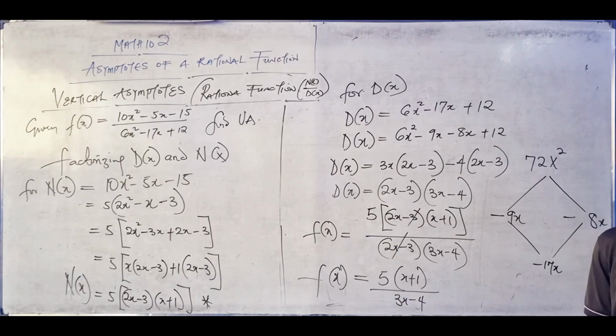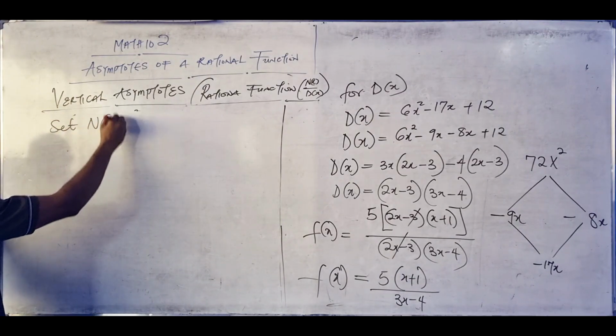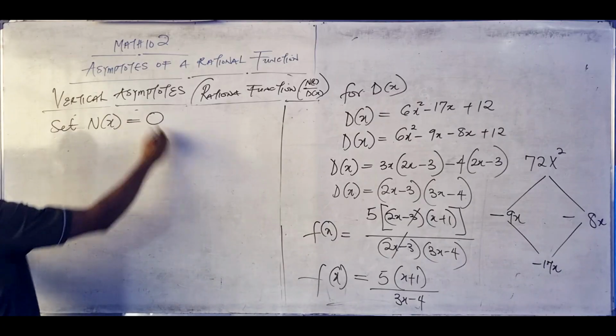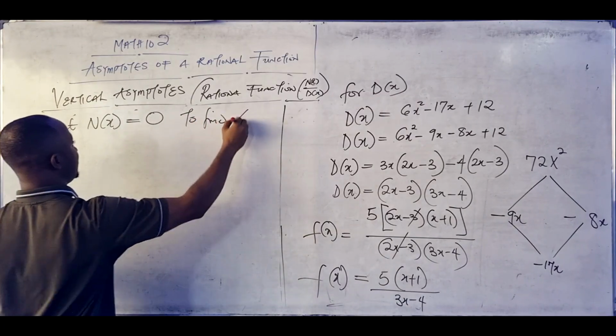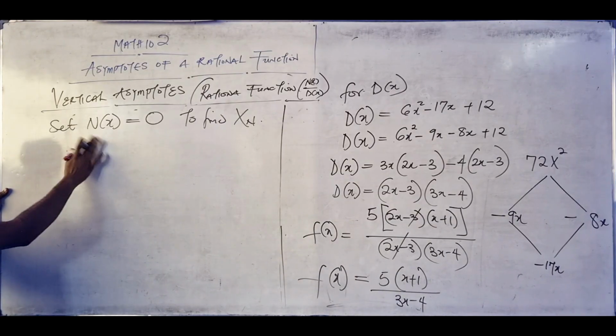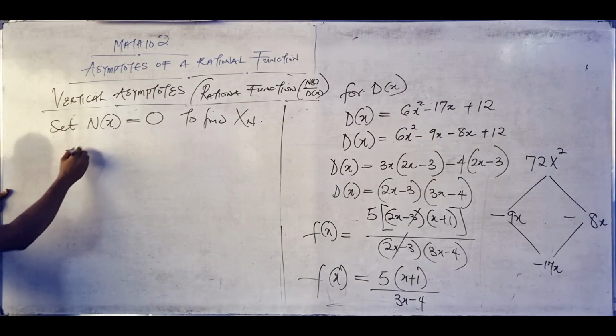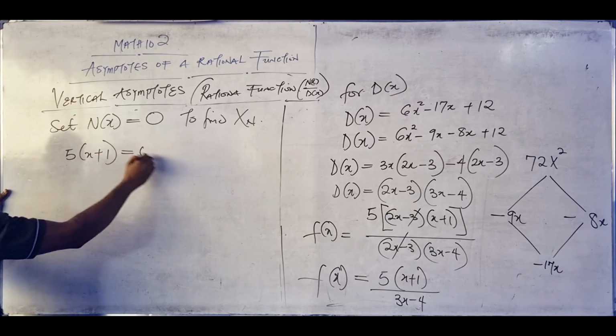We set our numerator equals 0 to find Sn, right? So let's go. What's our numerator? 5s plus 1 equals 0.